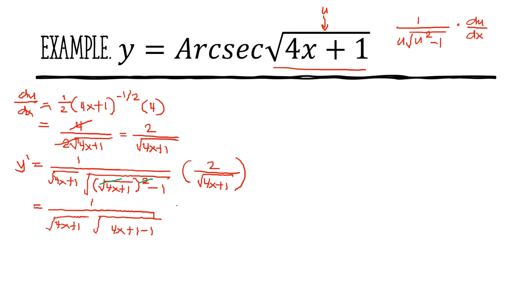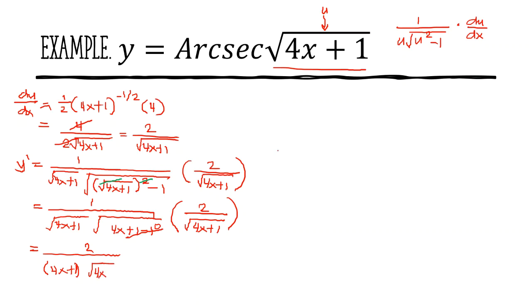And then we have the derivative of our u, 4x plus 1. From here, 1 minus 1 is just equivalent to 0. Now 1 times 2 is 2. Square root of 4x plus 1 times square root of 4x plus 1 is just equivalent to 4x plus 1, because 1/2 plus 1/2 is 1. But we still have square root of 4x here.